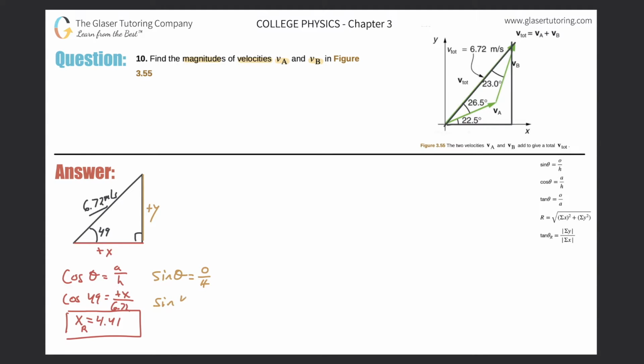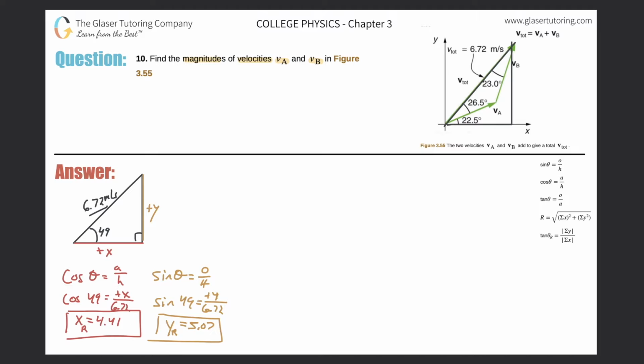The sine of 49 is equal to the positive y value over 6.72. So now just simply cross multiply again. Sine of 49 times 6.72 comes out to 5.07. All right, great. So this is 5.07. And this, remember, is the y component of the resultant vector. All right, so we got that.